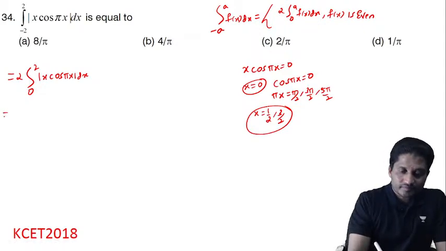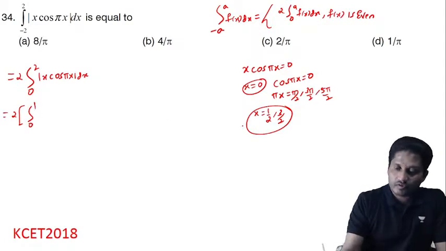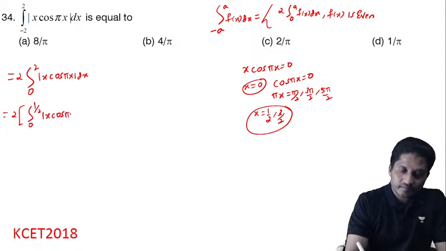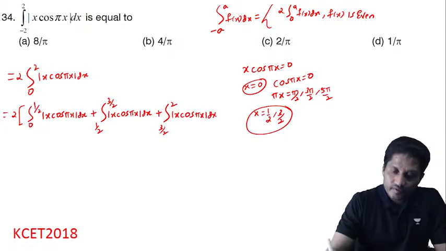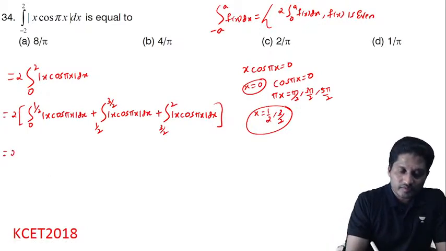Equal to 2 times, 0 to 2 can be written as 0 to half, then half to 3 by 2, and then plus 3 by 2 to 2, of modulus of x into cos pi x dx. Now this is equal to 2 times integration 0 to half.